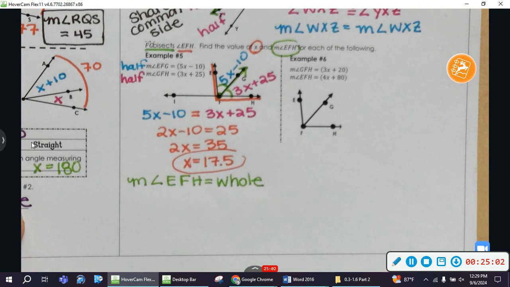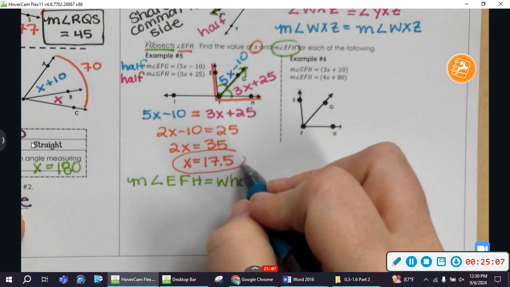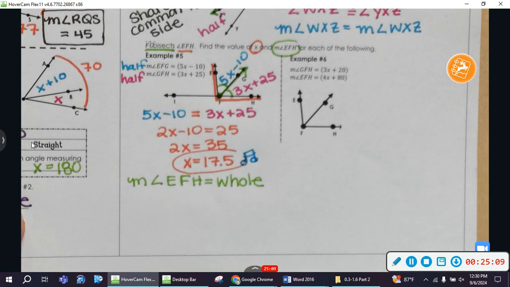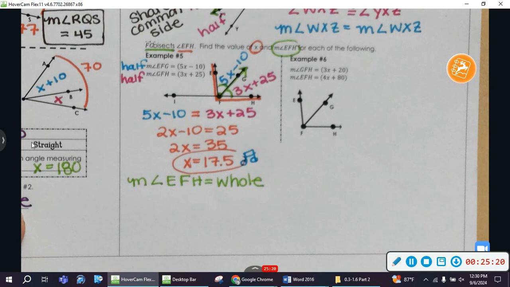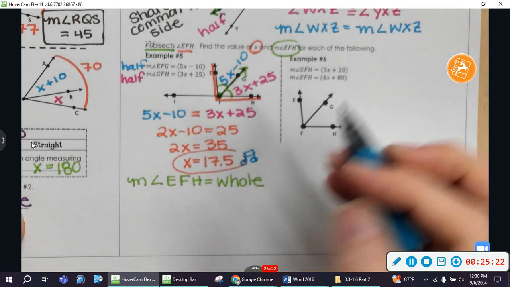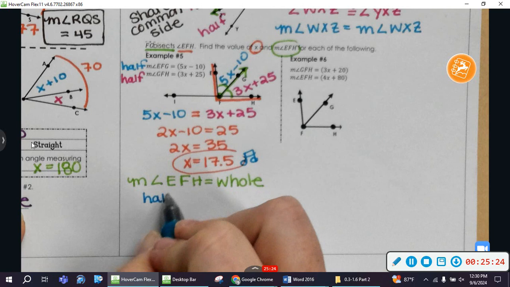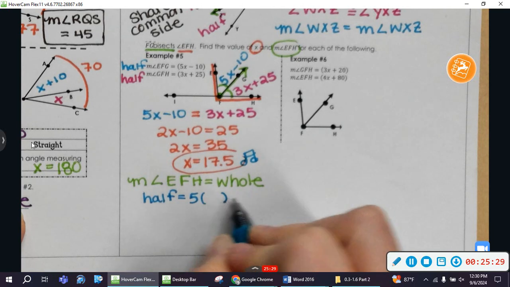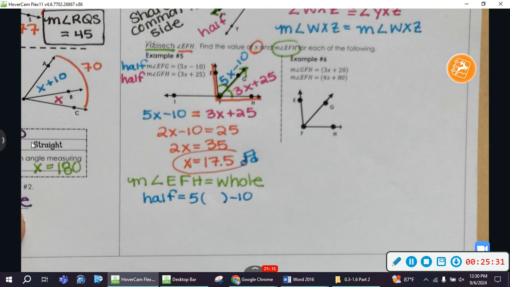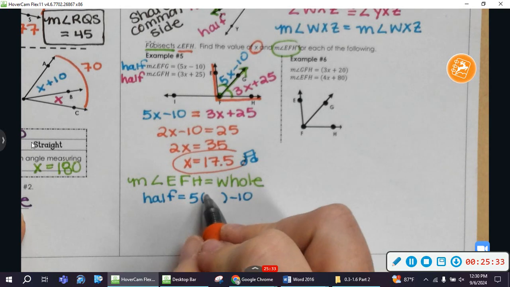So typically I would plug this value into something that I'm given. I'm not given the whole thing, so I can only plug it into either this part or that part. Well, I know that this top part is exactly half.